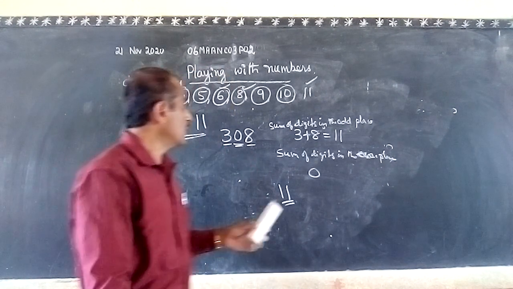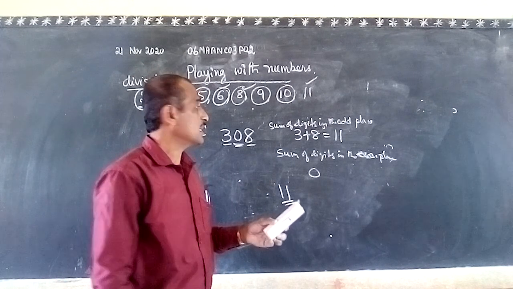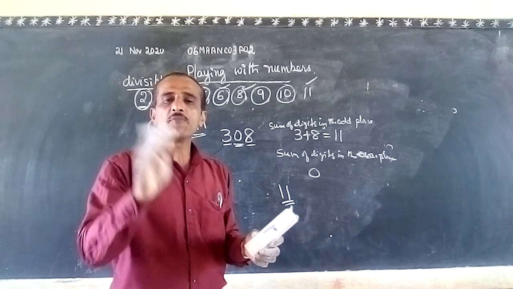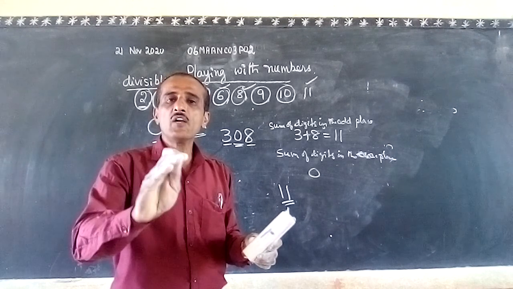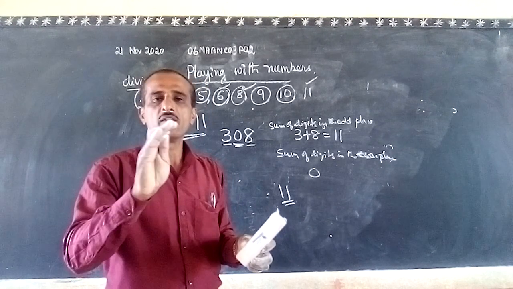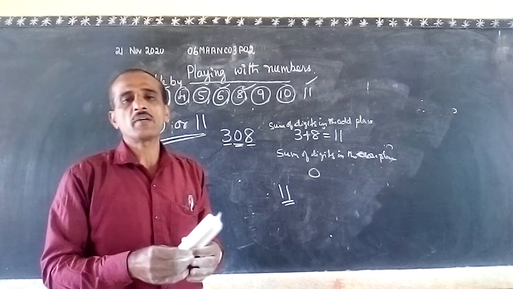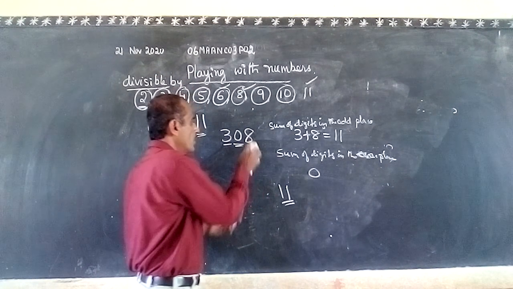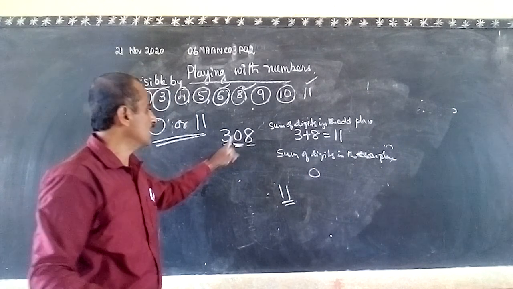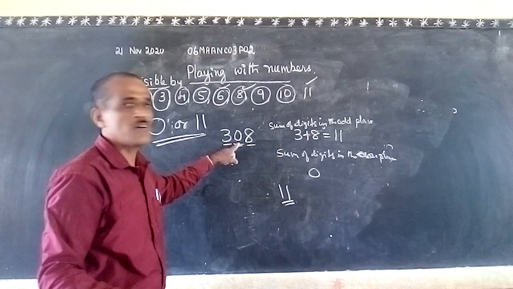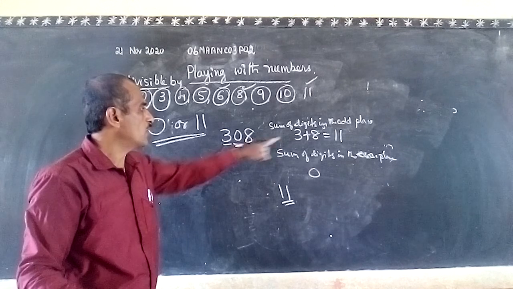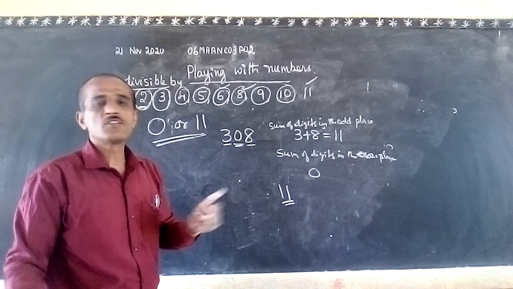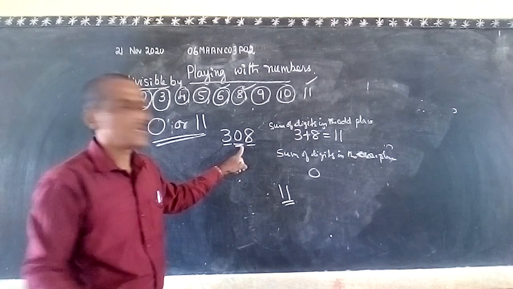Here the sum of the digits of the odd places is 11, the sum of the digits in the even places is only one digit, 0. So the difference is 11, therefore 308 is divisible by 11.